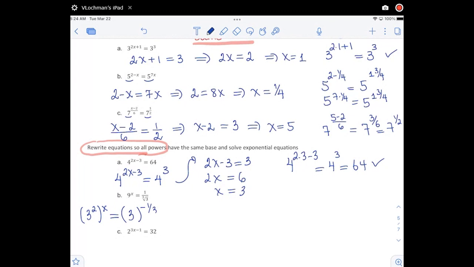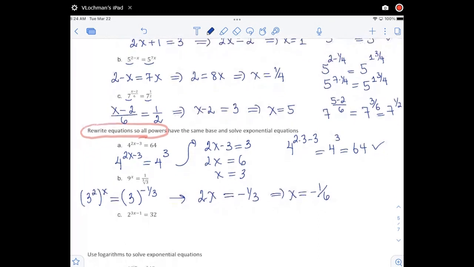Okay, so from here we get our exponents 2x equal to -1/3. Okay, so from here x is equal to -1/6. All right, okay. Let's take a look at one more example.